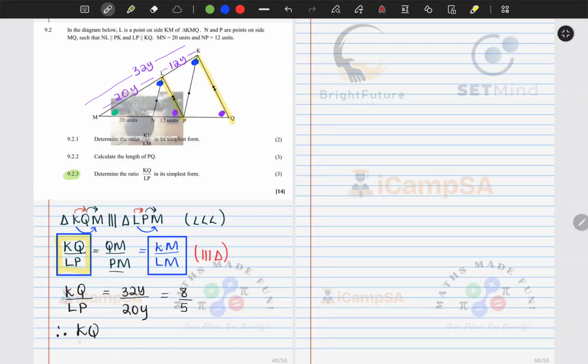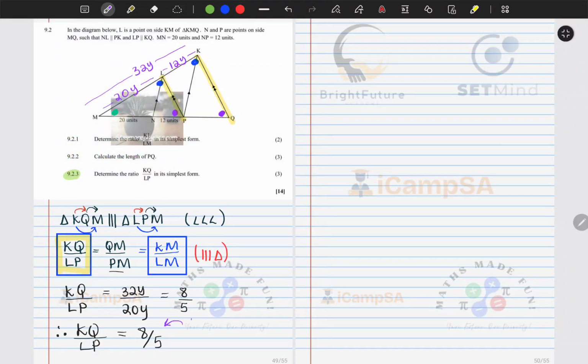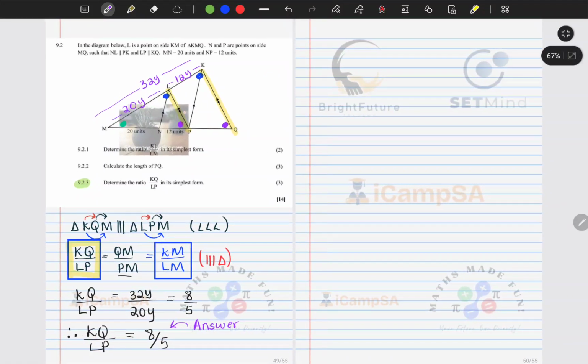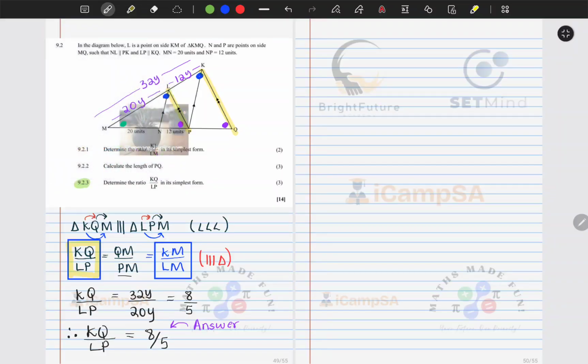Our KQ divided by LP, that is 8/5. And this here, guys, becomes our answer for that question, 9.2.3. Okay, very simple question. I hope you guys understand.